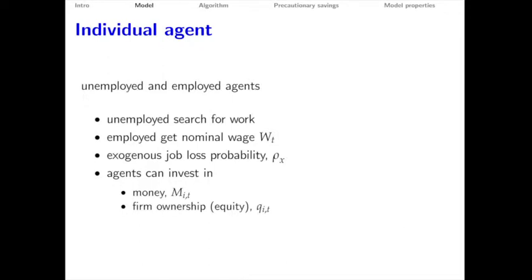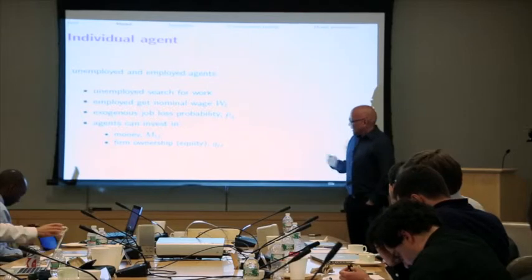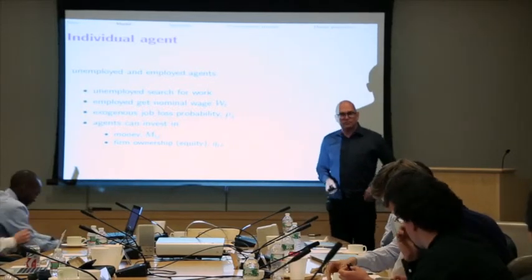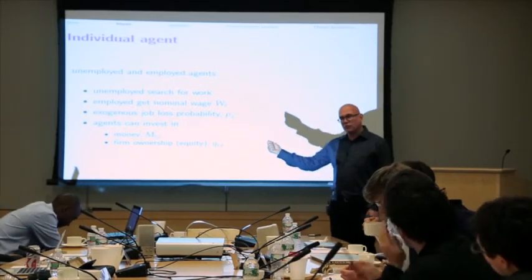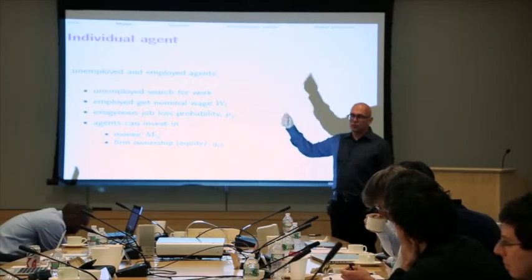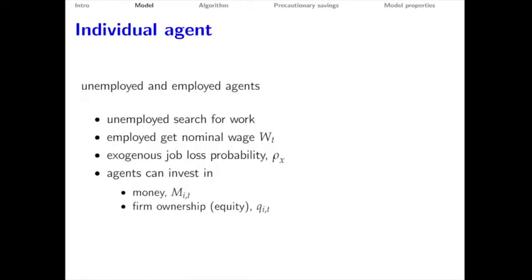In terms of assets, the way they can insure themselves against unforeseen shocks, they can invest in money, and they can invest in firm ownership. So one firm is going to be one entrepreneur and one worker. And so the number of employed people is the same as the number of firms. And they're owned, and so there are issues of equity.